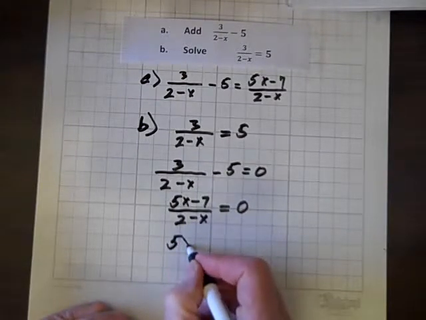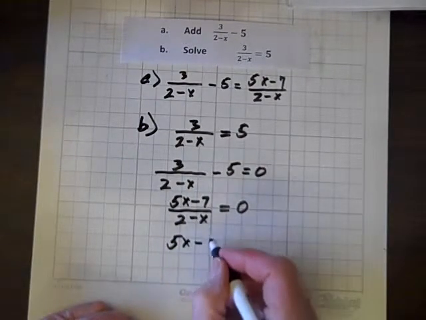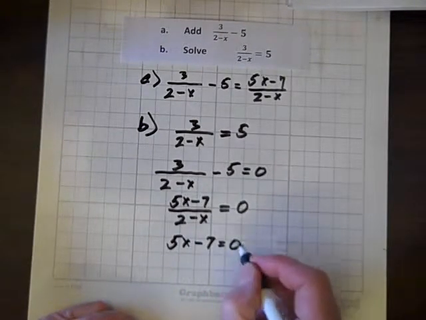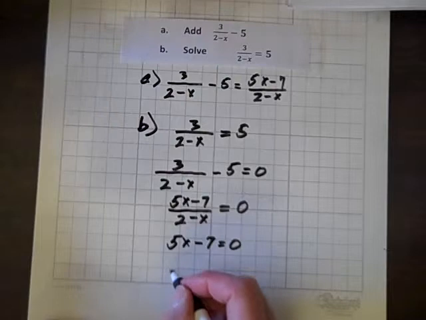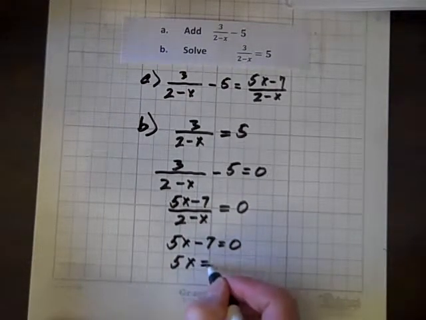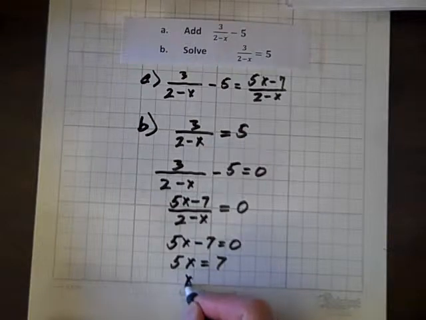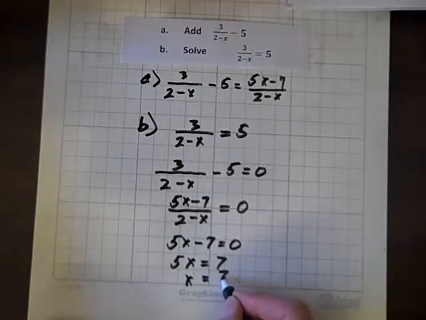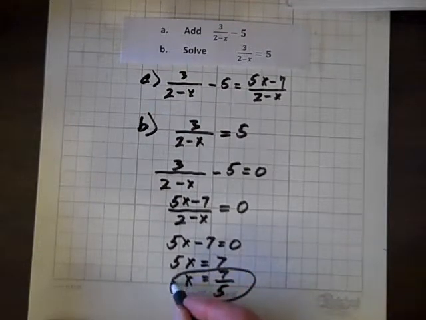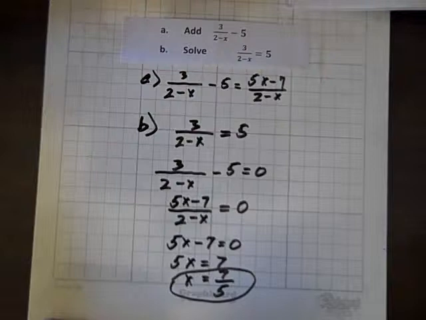So 5x minus 7 equals 0, or 5x equals 7, or x equals 7 over 5, and that is one way to solve that equation.